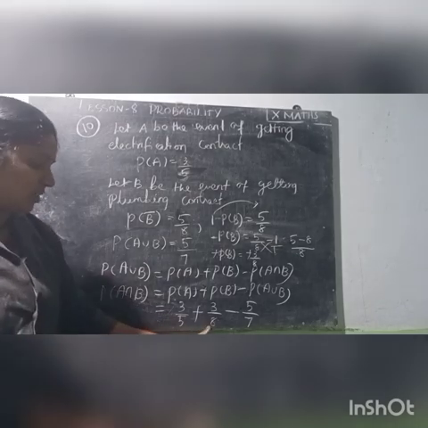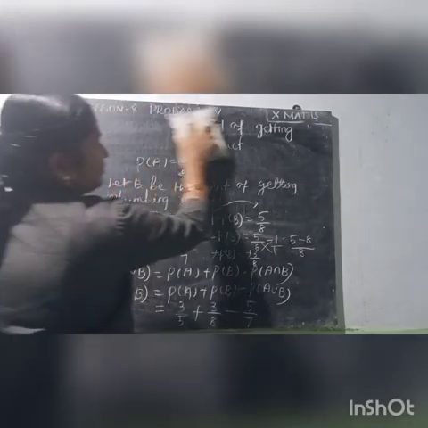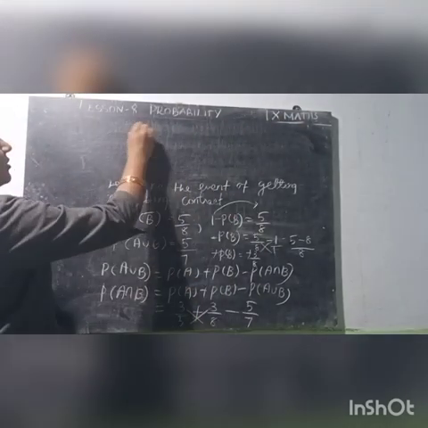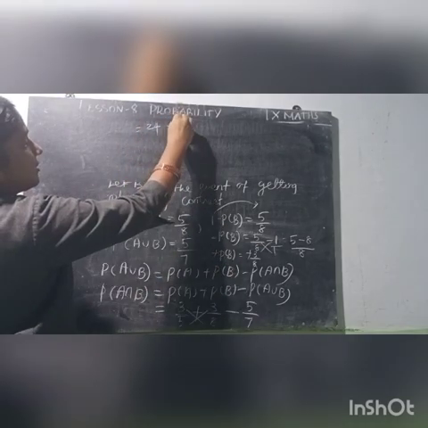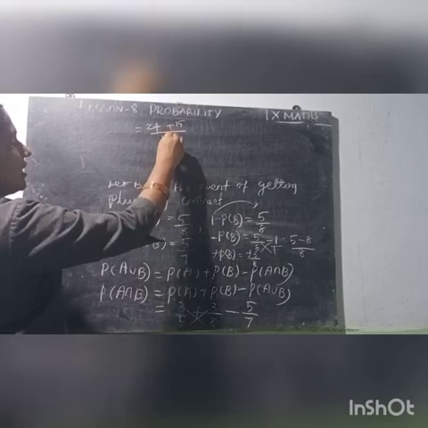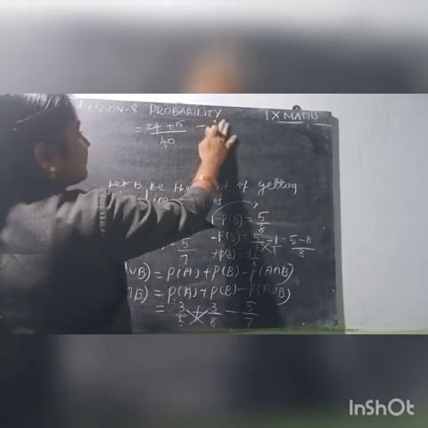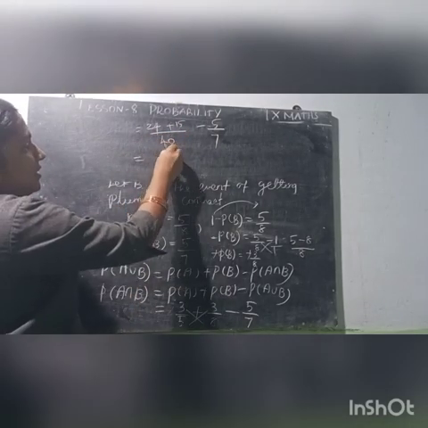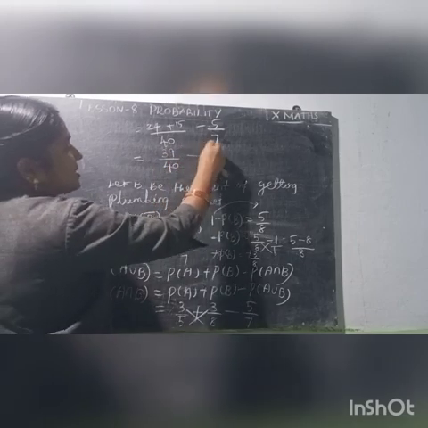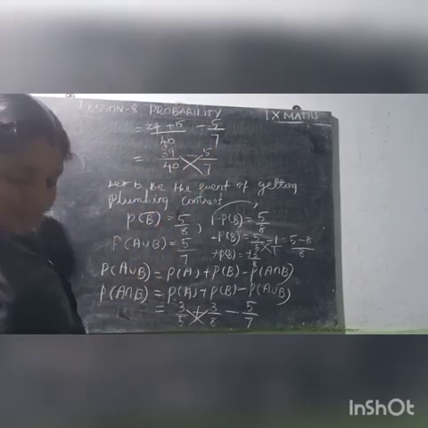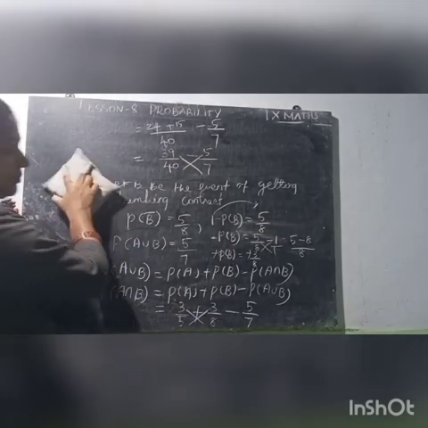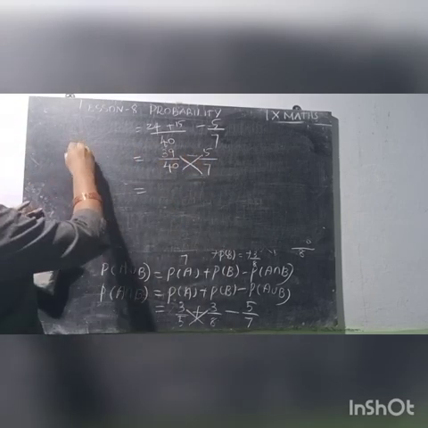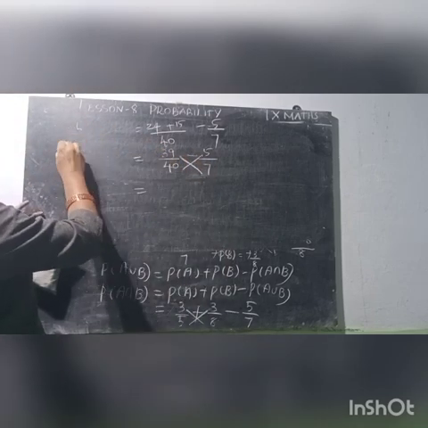So first we will complete the addition, then we can do the subtract. Do the multiply. 8 3s are 24, 5 3s are 15 by 5 8s are 40 minus 5 by 7. So 24 plus 15 value is 39. So 39 by 40 minus 5 by 7. Again, 39 into 7. 9 7s are 63, 3 7s are 21, 21 plus 6 is 273.